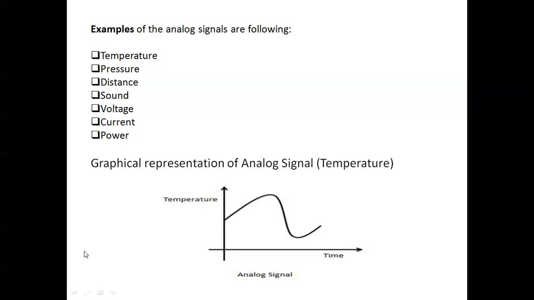In the morning the temperature is at some level, then it increases during lunch time, and in the afternoon you get the peak. Then it reduces, then the day starts again and it increases like that. The graphical representation of temperature is shown like that. So this is an example of an analog signal.